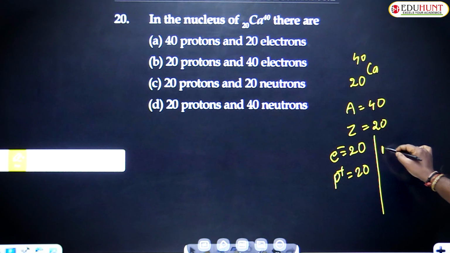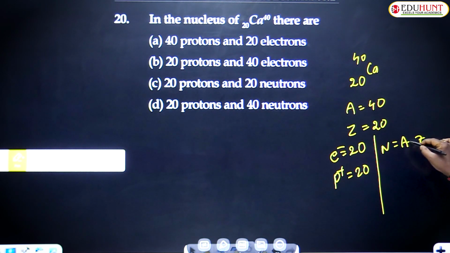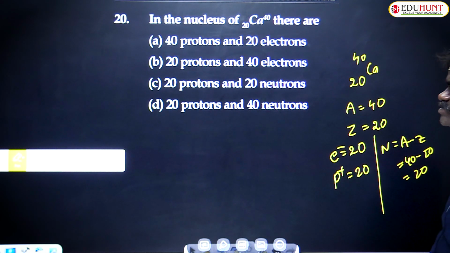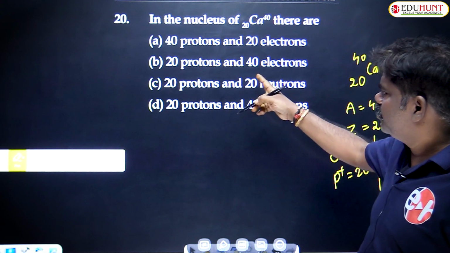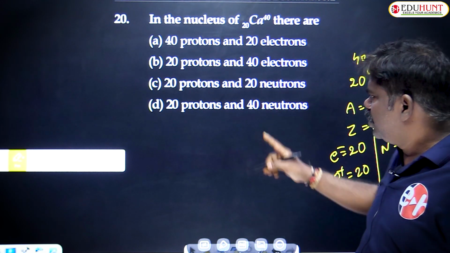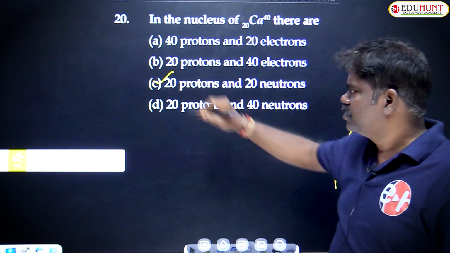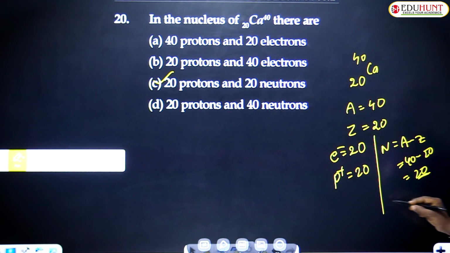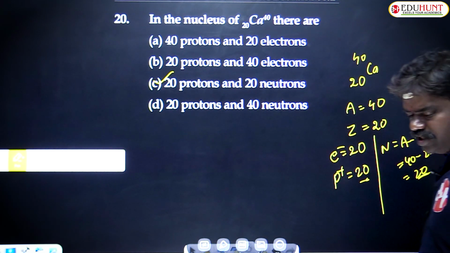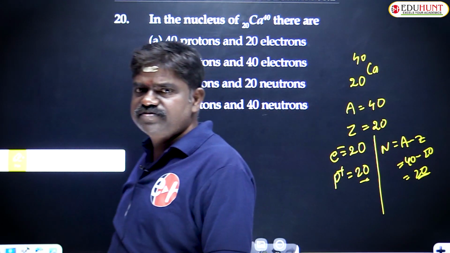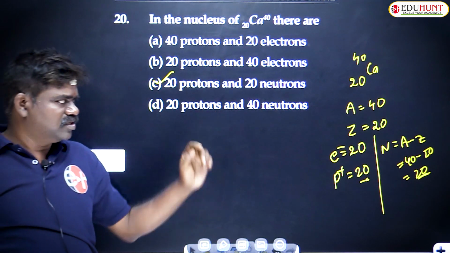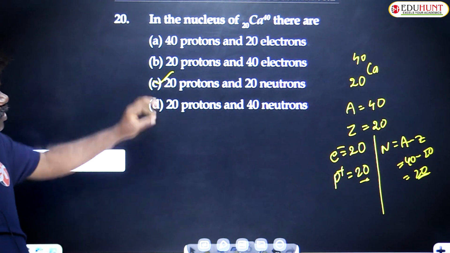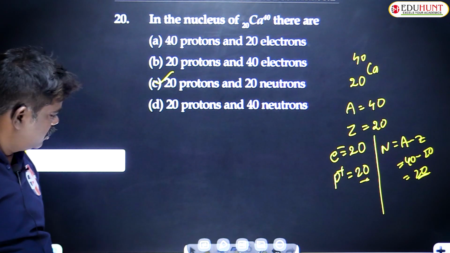Neutrons are A minus Z, that is 40 minus 20, equal to 20. 40 protons, 40 electrons is wrong. 20 protons, 40 electrons is wrong. 20 protons, 20 neutrons is right. The answer is C. Protons, neutrons and electrons are all equal in this atom. Understood?